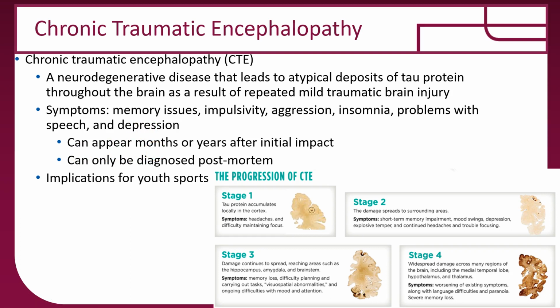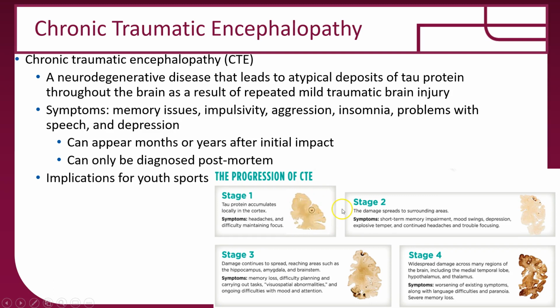Again, it can only be diagnosed post-mortem, and there are all sorts of implications. The more we learn about this, the more there are implications for sports in general, but youth sports especially, and how to protect children as best we can. And you can see that the tau protein starts to accumulate in little local areas. You might get headaches or focusing difficulties. Then it spreads to surrounding areas, and this is a cross-section of the brain.